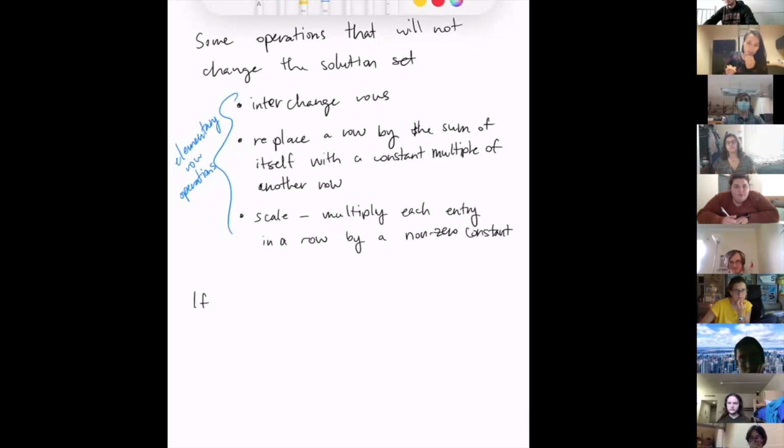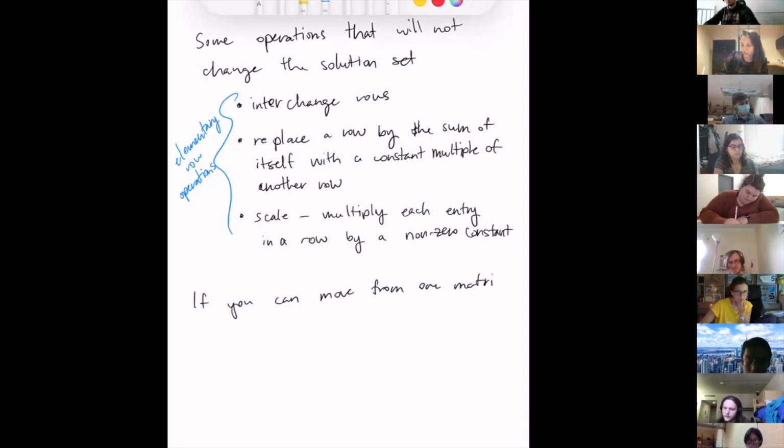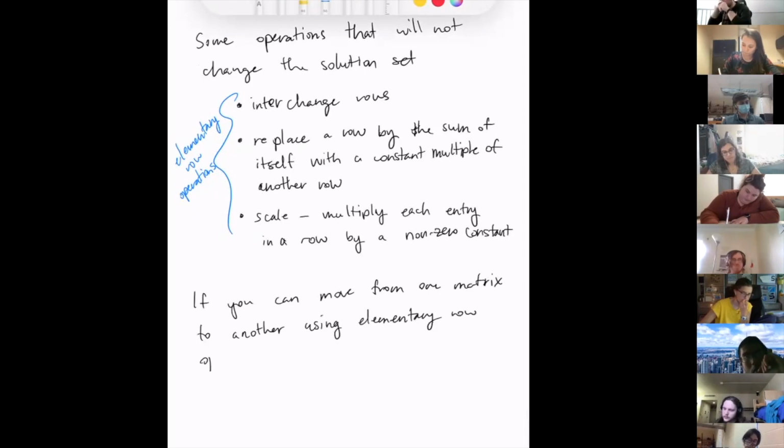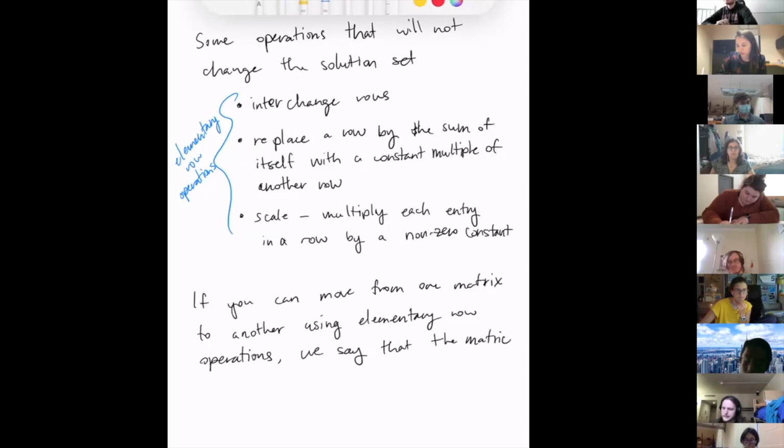Another definition. If you can move from one matrix to another using elementary row operations, we say that the matrices are row equivalent.